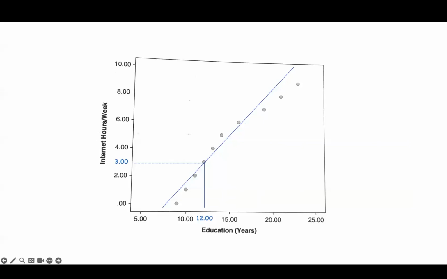Using this line, we can obtain a predicted value of the internet hours for any individual by starting with a value from the education axis, and then moving up to the internet hours per week axis. For example, the predicted value of internet hours per week for someone with 12 years of education is approximately 3 hours spent on the internet.